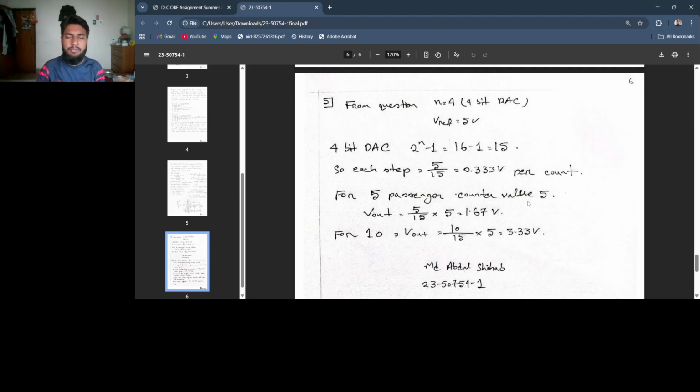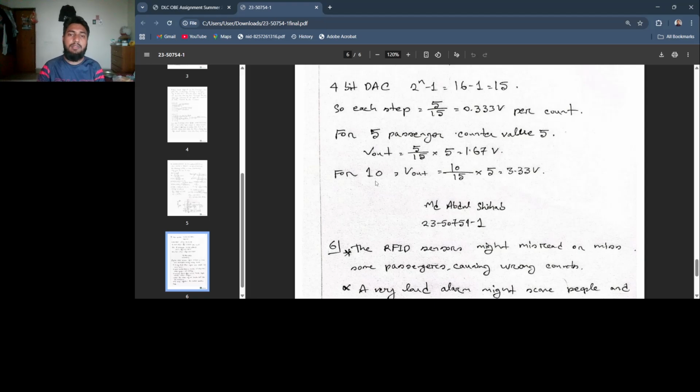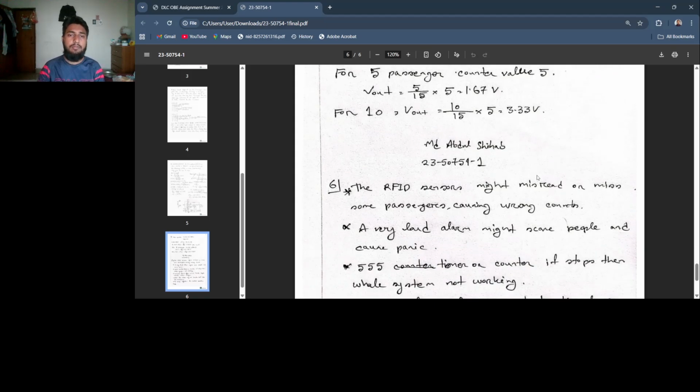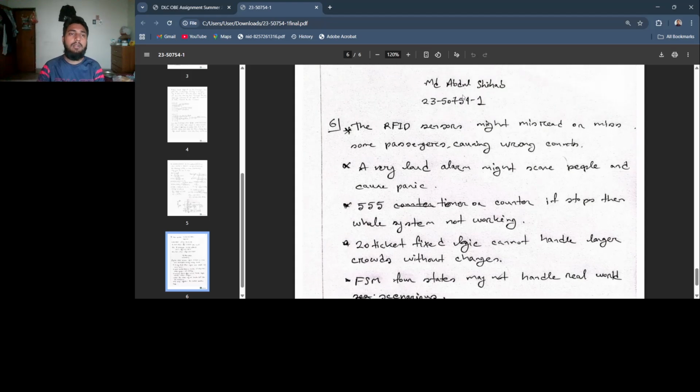So my V out equals 5 divided by 15 into 5, V reference divided by the 4-bit DAC into 5, equals 1.67 volt, and for 10 passengers my V out is 3.33 volt. This is my answer to that question.